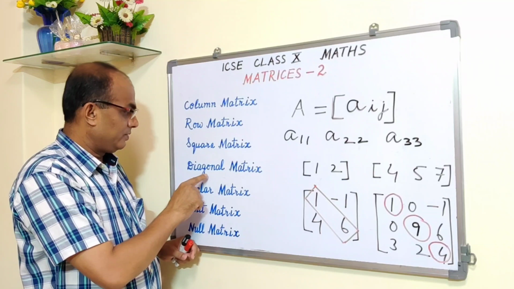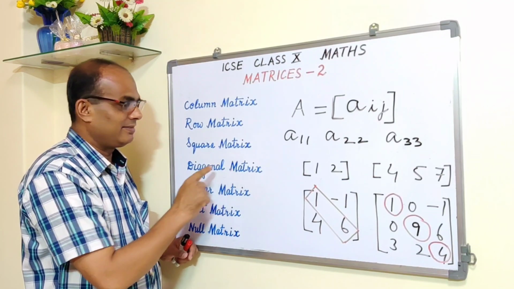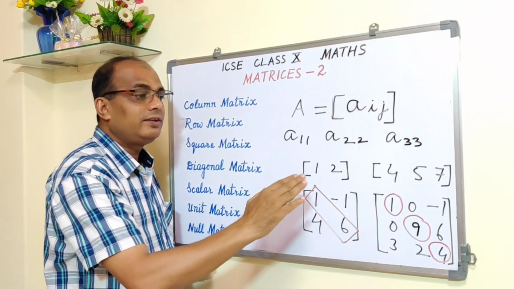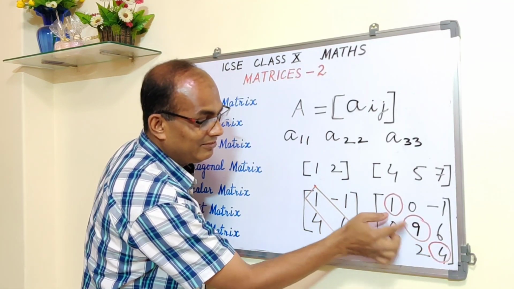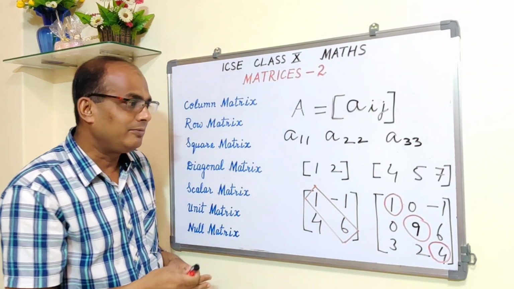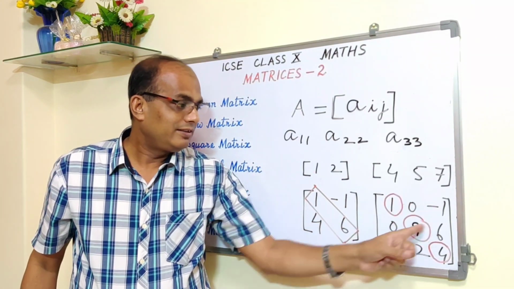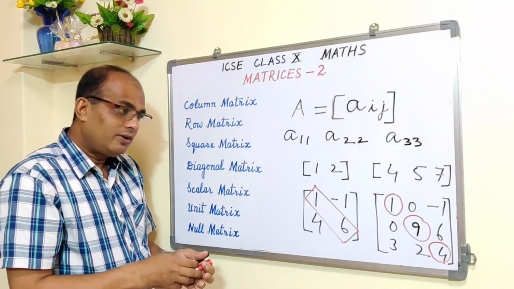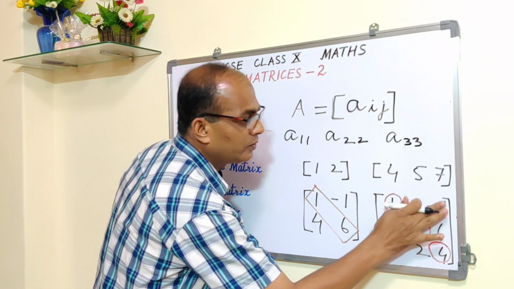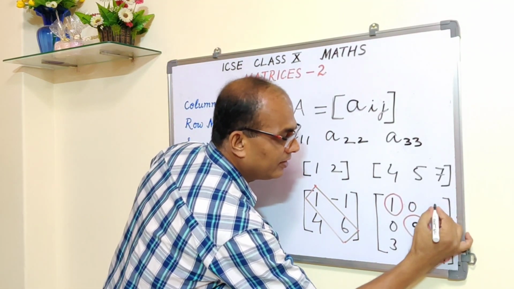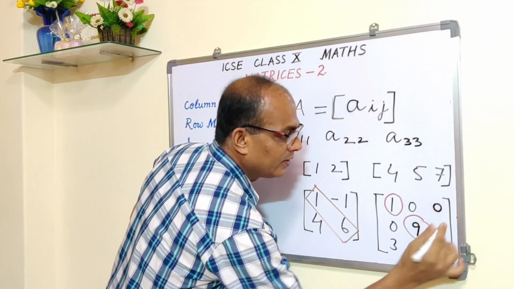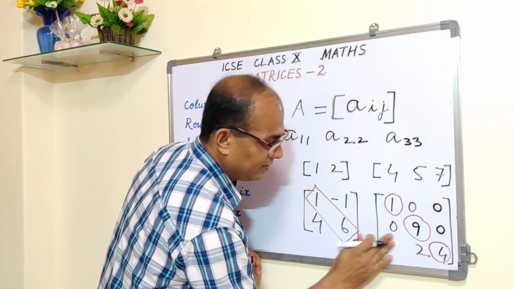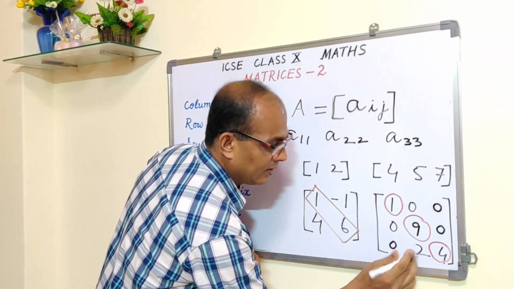Now we are going to discuss a diagonal matrix. If this is the diagonal and 1, 9 and 4 are the diagonal elements, then these other elements are non-diagonal elements. In a matrix, if the non-diagonal elements are 0, so this is also 0, this is also 0, this is 0.